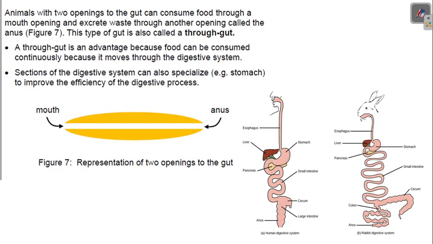Good. So animals basically that have two openings are known as organisms that have a through gut. A through gut is an advantage because food can be consumed continuously because it moves through the digestive system until it exits via the anus. Sections of the digestive system can also be specialized, for example, to improve the efficiency of the digestive system.